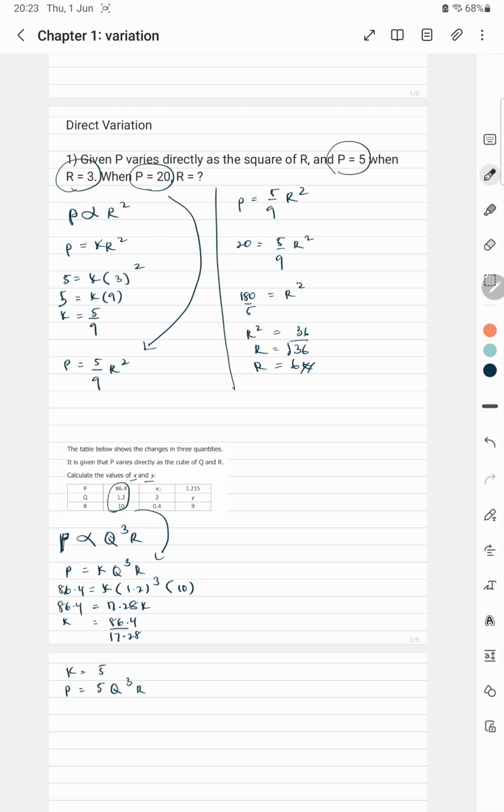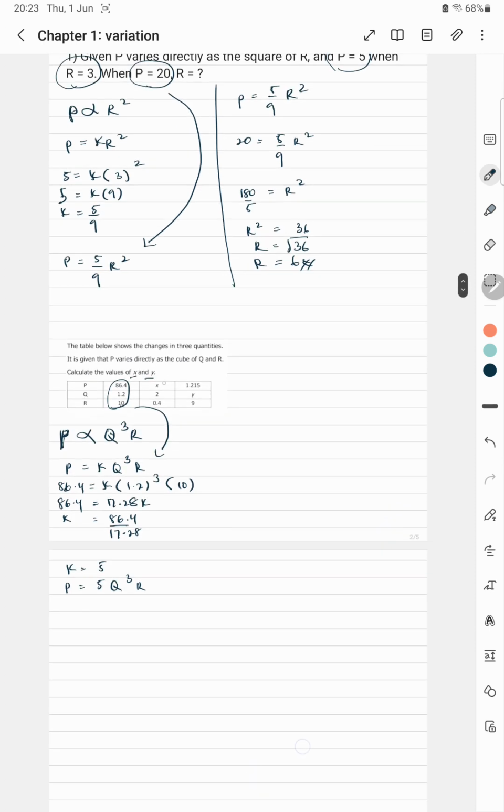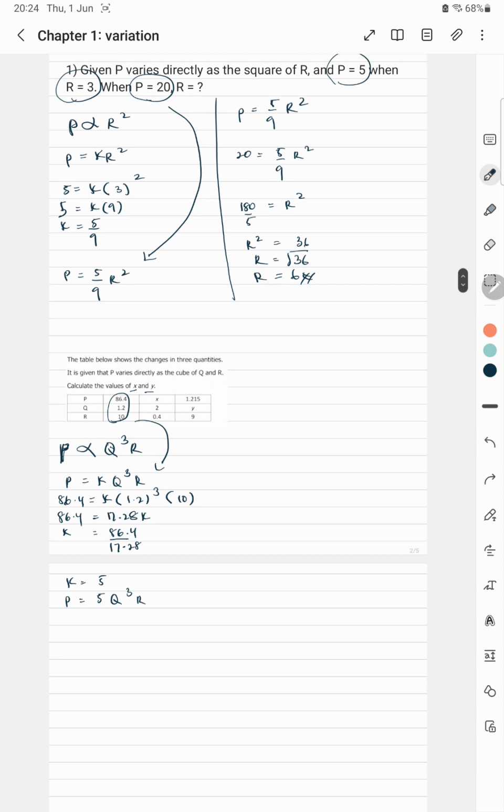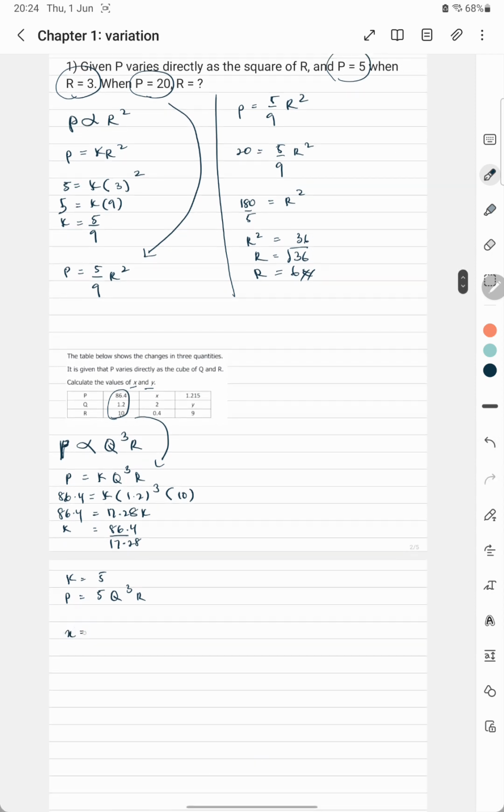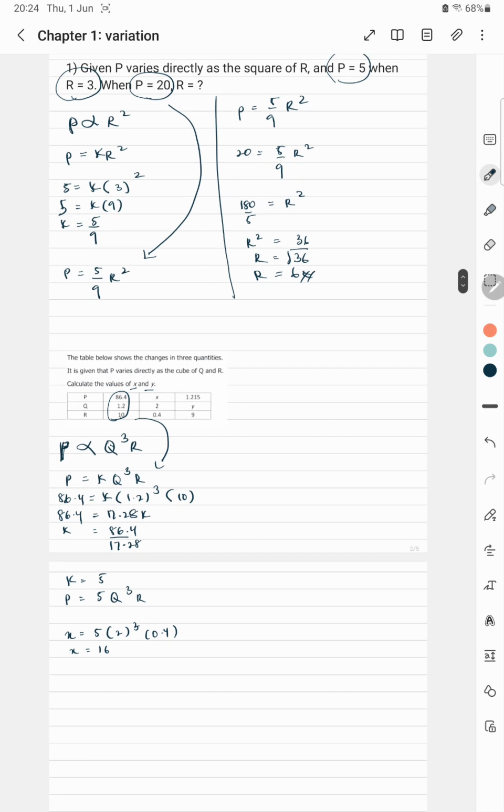Now we can find the x value. So we substitute these values into here. Our p is equal to x, our q is 2, and r is 0.4. Then just calculate it, and our x is 16. Then we can find our y value. Substitute into the formula as well.